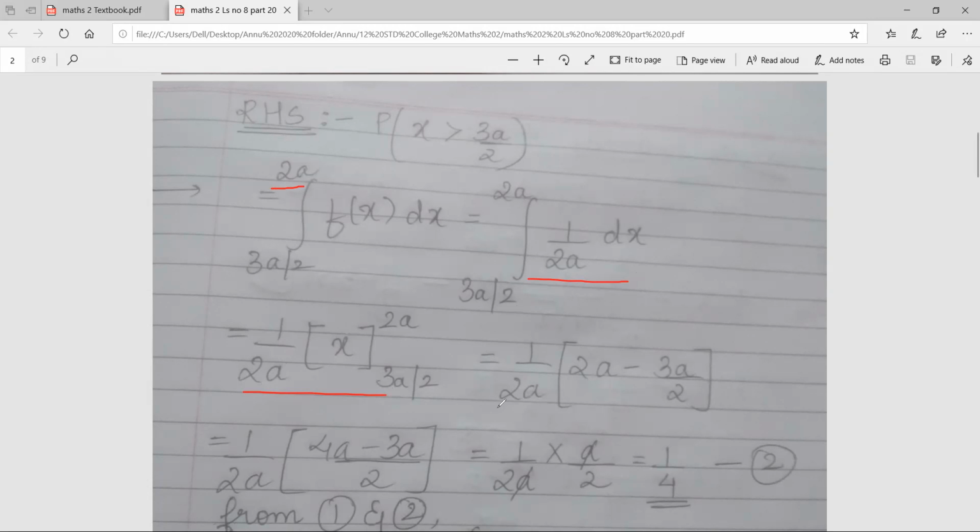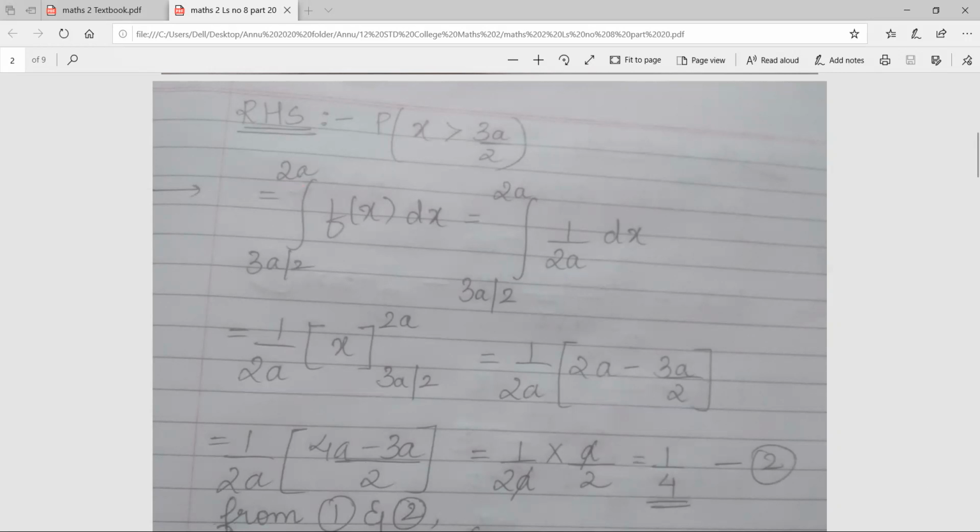So on solving that I get 1 upon 2a bracket open 2a minus 3a upon 2. On cross multiplying I get 4a minus 3a upon 2. On opening the bracket 4a minus 3a gives me a by 2. Again a gets cancelled and I'm left with 1 upon 4. And I name it as step number 2.